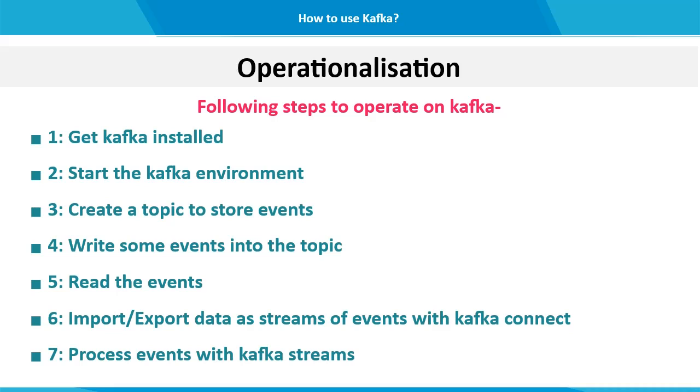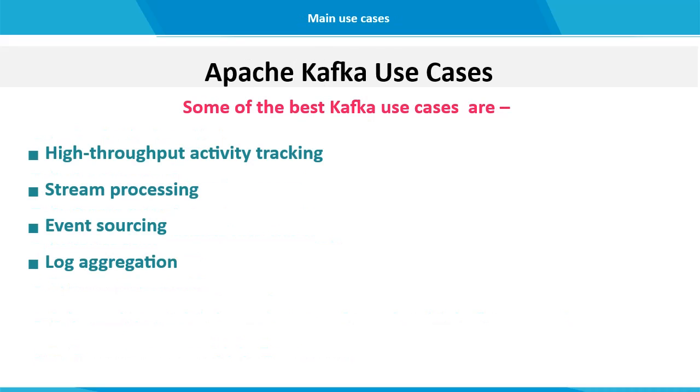Kafka Connect is a tool. Step 7, process events with Kafka Streams. Once our data is stored in Kafka as events, it can be processed with the Kafka Streams client library supported by Java and Scala.